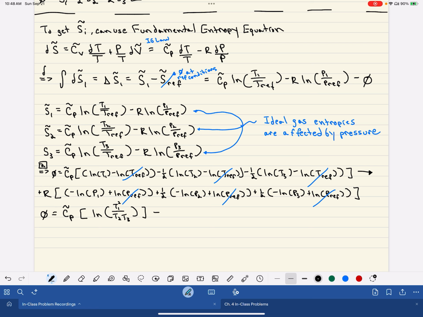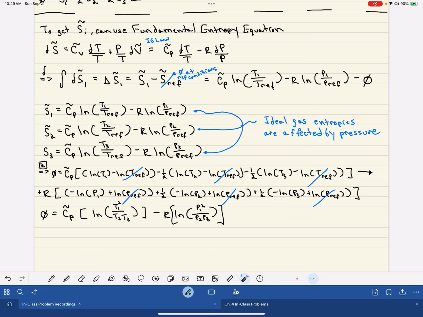And then minus R ln of P1 squared over P2, P3. Okay, and I guess I'll put square parentheses there. The square here comes from playing around with the log rules and also taking advantage of the fact that you have this 1/2 term here.